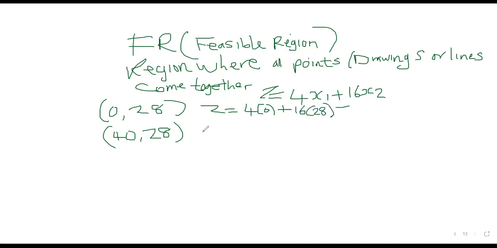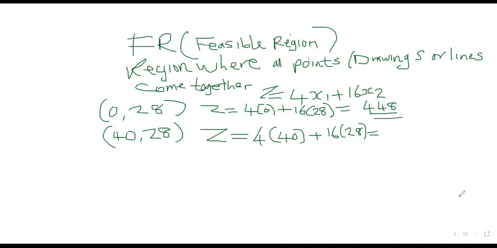You can get the answer here. Then here, our Z is equal to 4 times 40, plus 16 times 28. So we can get answers here. The first one is 448. Then the other one is 608.